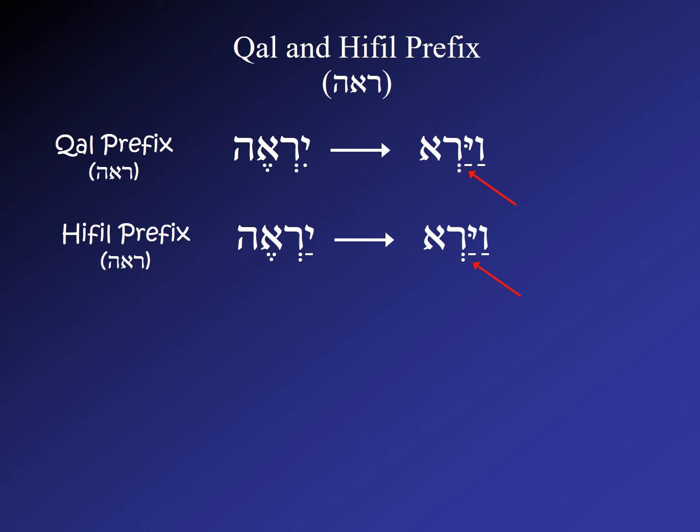So when you see the word vayar, you cannot tell whether it is Kal prefix or Hifil prefix in the third masculine singular and other forms. So you simply have to look at what it means in the sentence. Vayar means to see in the Kal and to show, to cause to see, in the Hifil. Note that this problem only pertains in the vav conversive for this root.